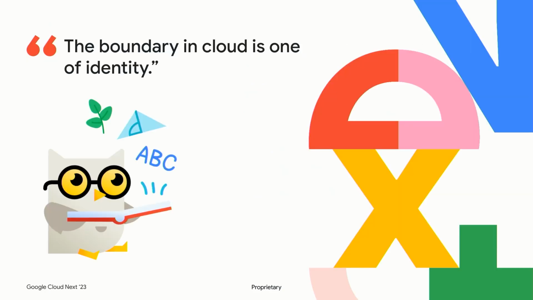The boundary of cloud is one of identity. Why is that so important? This is a philosophy statement about IAM, right? It's because you're not going to be able to create appropriate trust boundaries. You're not going to be able to secure your cloud infrastructure properly without having a solid identity foundation.